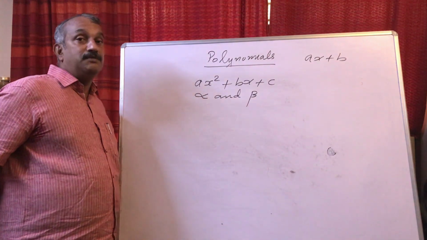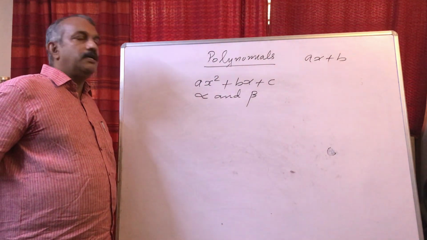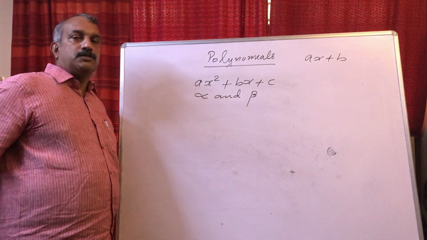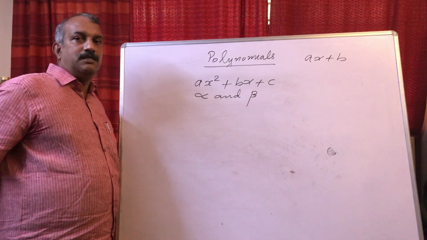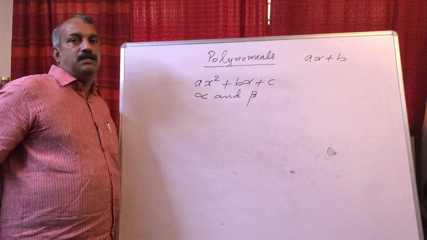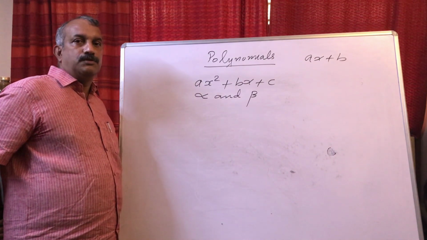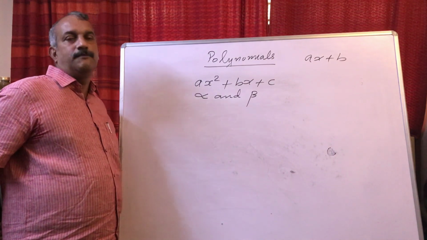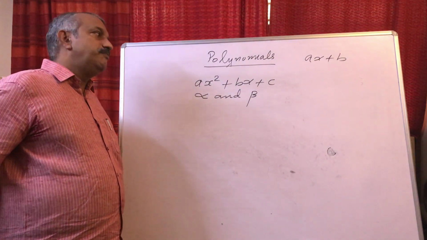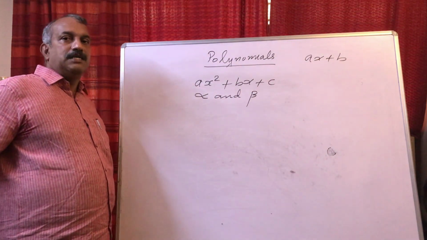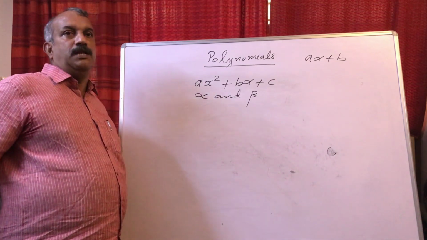Now why alpha and beta? Why can't it be x and y, a and b? There can be confusion because the polynomial is in x, and if we assume x and y as the zeros of the polynomial, you will get confused. Even I will get confused. So we are using Greek letters, alpha and beta, or in the case of a cubic polynomial, alpha, beta and gamma as the zeros of the polynomial.